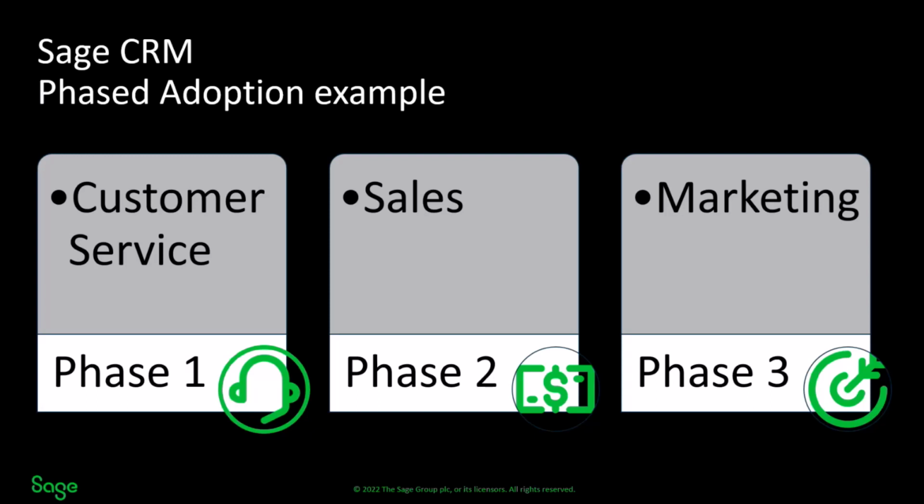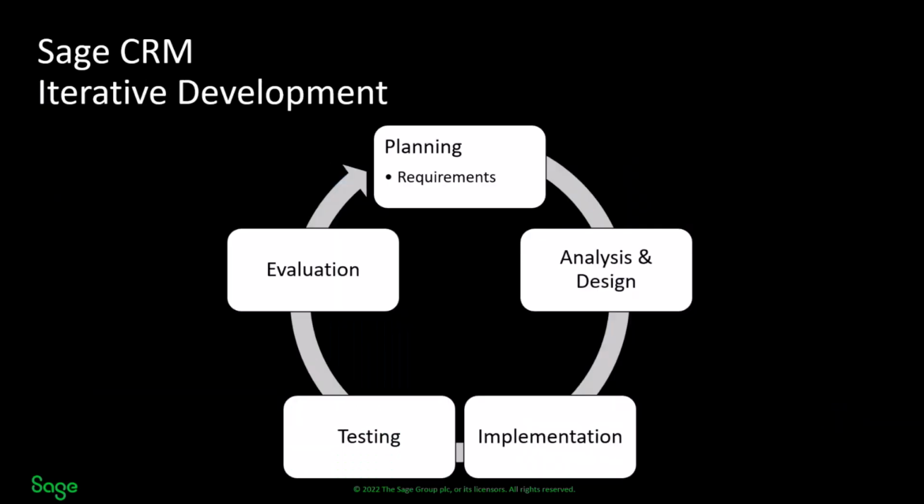You do it in manageable chunks. You are able to do that because it fits very well with the idea of iterative development, the idea that you plan for one department, you can roll out, you get used to the implementation of procedures and the culture of an organization to be able to deliver it. You go through this, and it's a cyclical thing because Sage CRM doesn't stand still as a product.